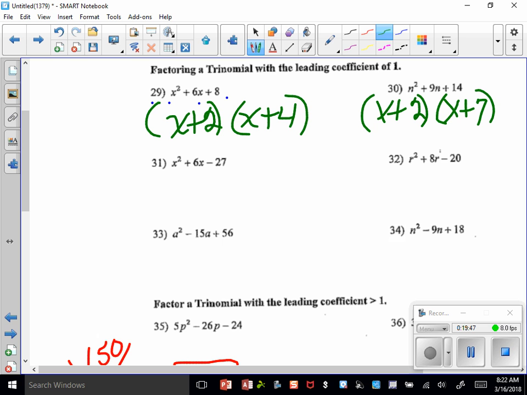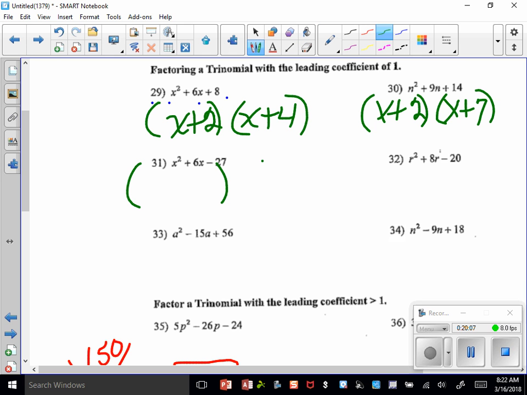Now, this is different because this is negative 27, so your factors have to be right. So what times what would give you negative 27, but when you add them together will give you a positive 6? So you have to now make sure that you have the negative in the right place and the positive number in the right place.